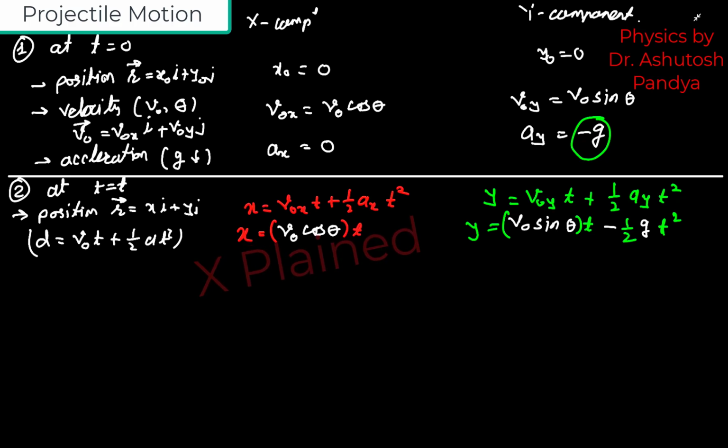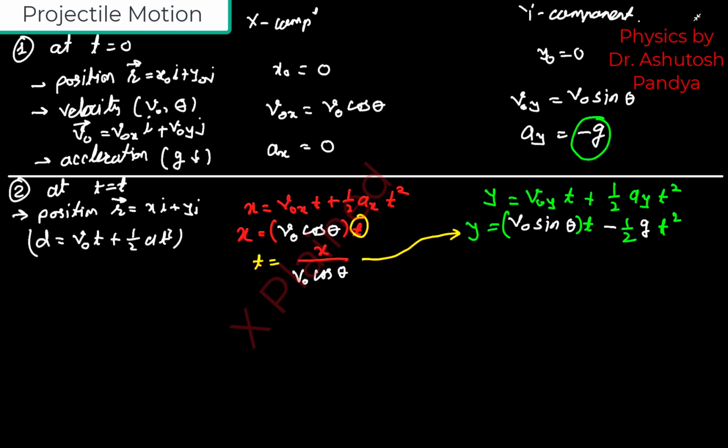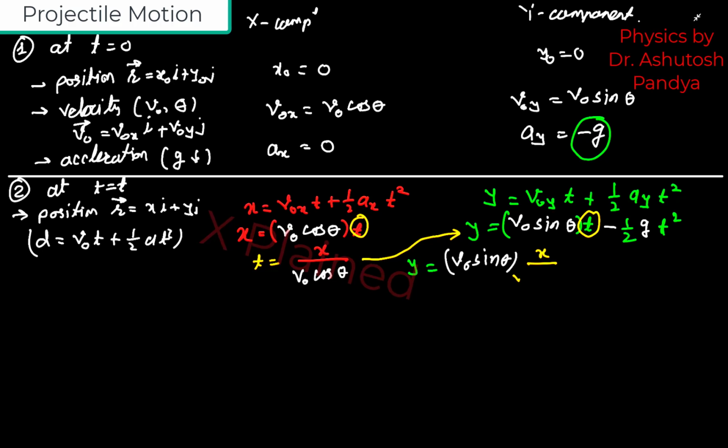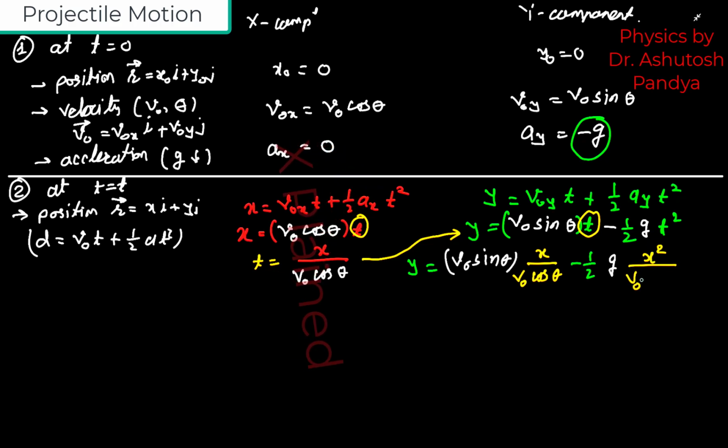Now let's try to obtain equation of projectile, and for that we have to make t the subject from the first equation. So we'll get t equal to x by v0 cos theta and substitute the value in the second equation. So we will get y is equal to v0 sin theta into t, so x upon v0 cos theta, minus half g into t square, or we can say x square upon v0 square cos square theta.